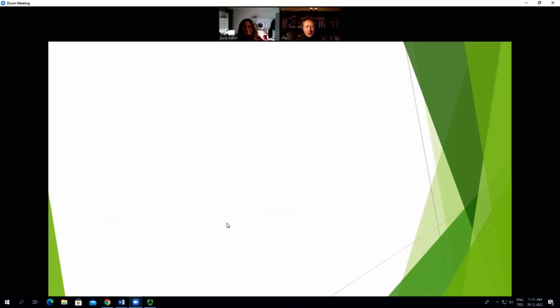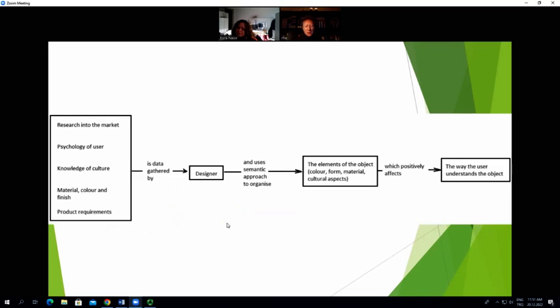Okay, so this then leads us to how we can deploy semantics, and we can use this by research into the market, finding out about the psychology of the user, research into the knowledge of culture, understanding of material, color, and finish, and product requirements. That data is gathered by you, the designer, and then you organize that in a semantic way such that the message is coming across loud and clear.